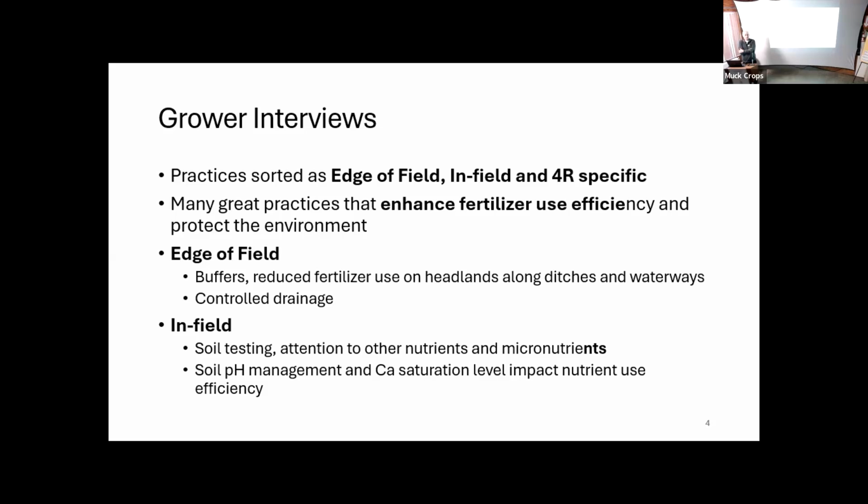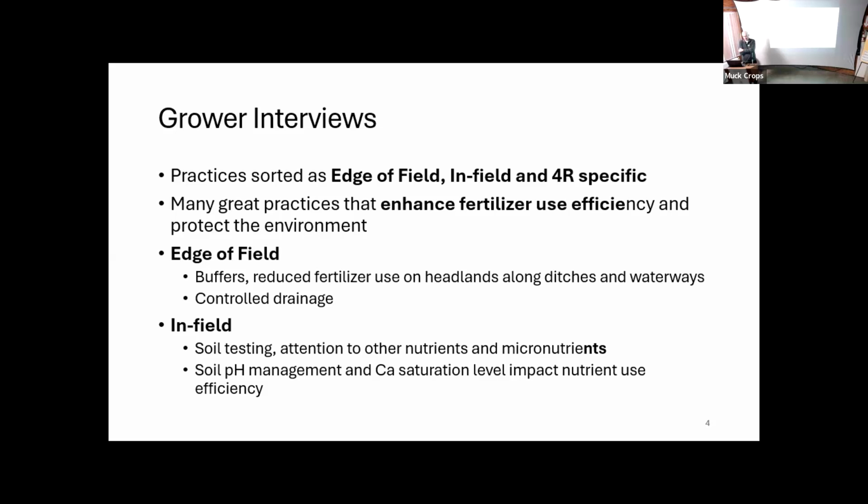And when you combine that with what's in the literature, you get a basket of practices that is quite wide. But for our program, you have to focus exclusively on what affects the 4Rs as opposed to what's totally beneficial to the environment. So what we did is we looked at these practices and we put them into 3 pigeonholes.